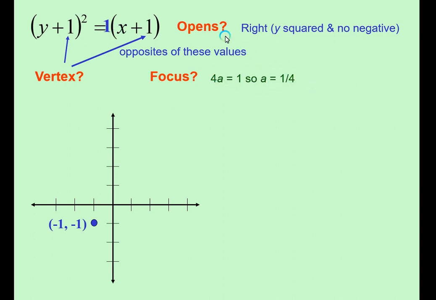So we have to move 1/4 unit away from our vertex to the right, since our opening is to the right. So this one is 1/4. If we graph, this will be -3/4 and -1.